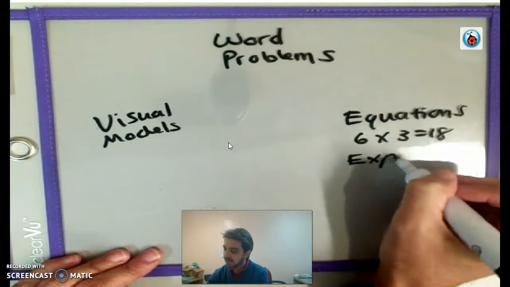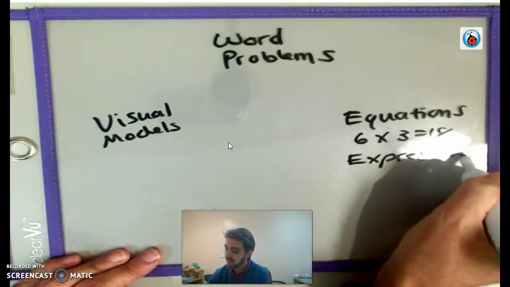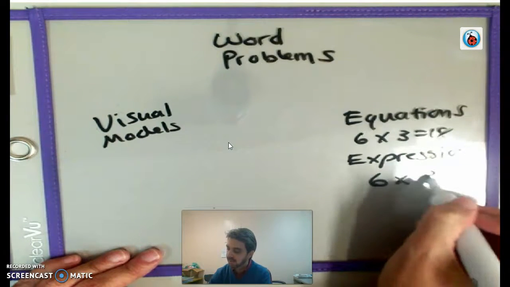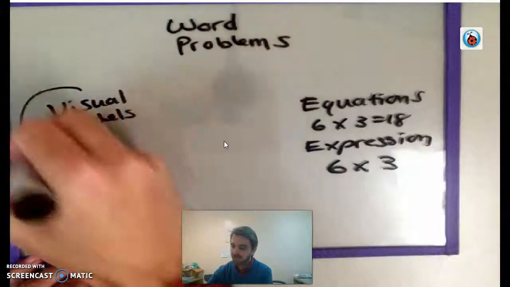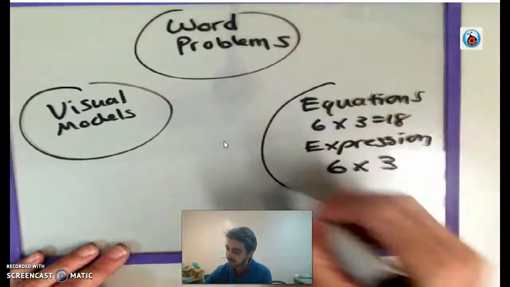Or sometimes we just have an expression, which is just 6 times 3 without the equal sign. So we have 3 things.